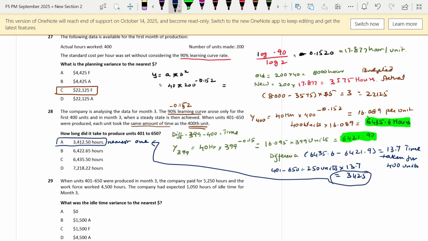That 1 unit you multiply with the next units. You will get the amount with respect to the remaining number of units.